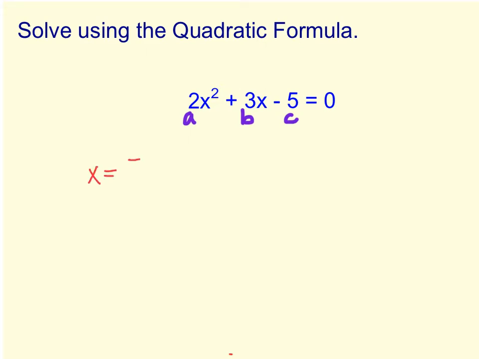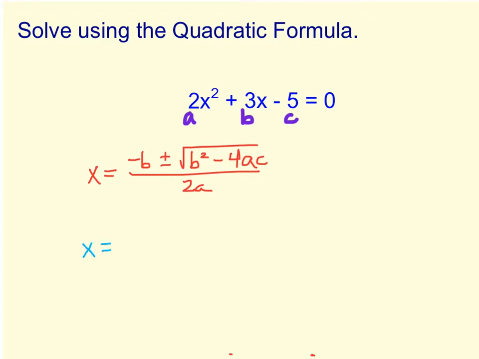X equals negative b plus or minus the square root of b squared minus 4ac all over 2a. All right, so no laughing, but there it is. So let's plug everything in.